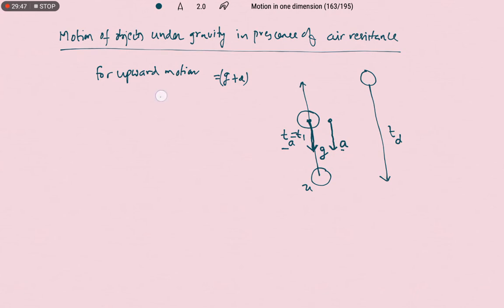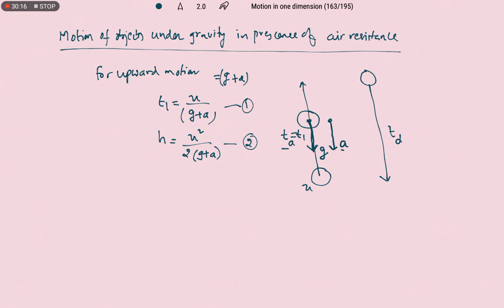Now the time taken to reach the maximum height we write as u by g plus a, because the time of ascent without friction is u by g. Then what is the height? Height is equal to u square by 2 into acceleration, here g plus a, so h equals u square by 2 times g plus a.